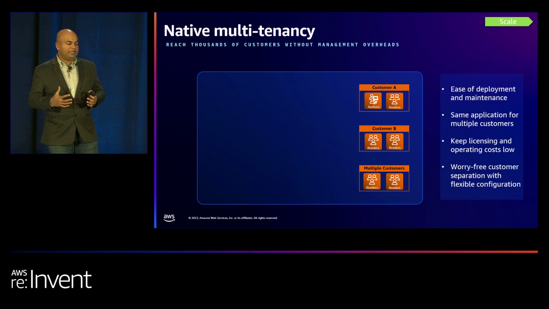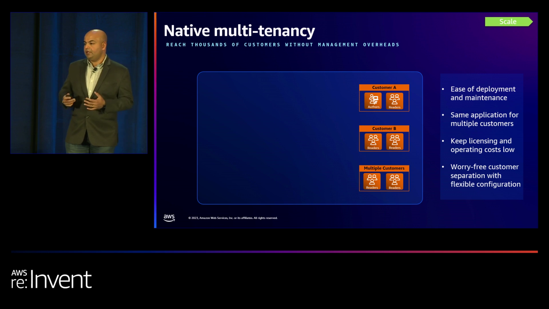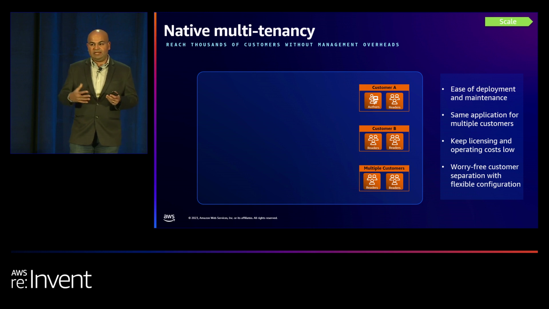The other big piece is how do you architect a set of QuickSight assets for multi-tenancy? Because in the minds of any software developer or ISV, you're thinking about thousands of customers. It's not just one or two customers. It's not just a set of users. You have customers, and then you have users within. Now, within QuickSight, you have the concept of namespaces.